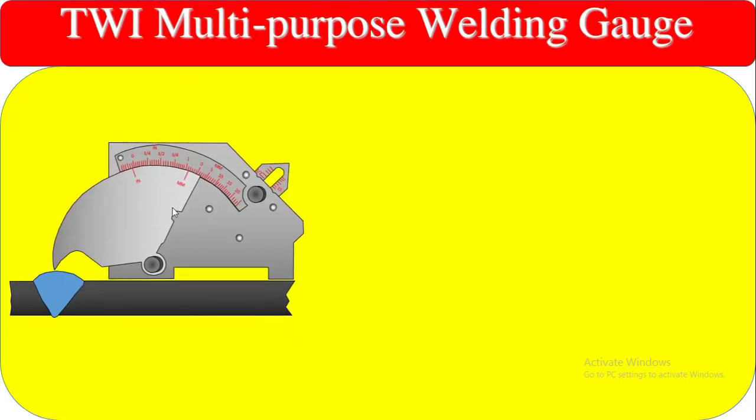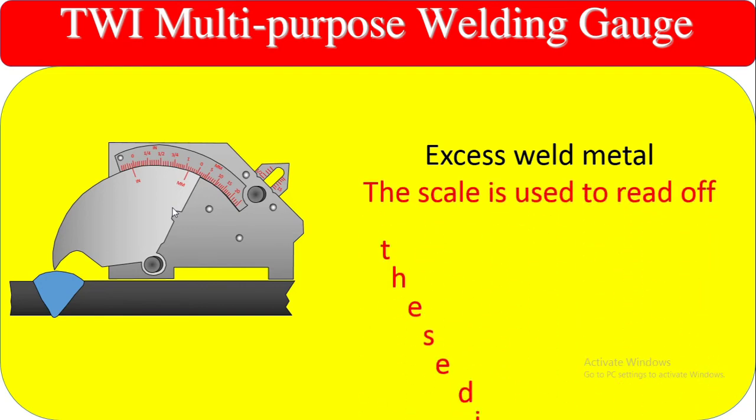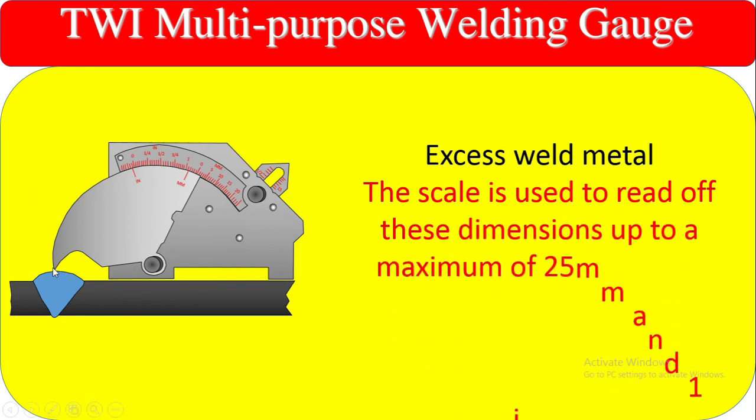Now you have to check the weld reinforcement, the excess weld metal. So there is excess weld metal. How do you check it? You see here, your pointer will be here, and the scale is used to read this dimension up to a maximum of 25 mm and 1 inch.